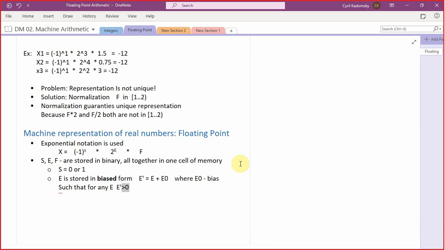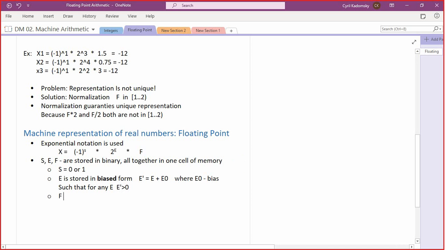So we are not going to need to store negative numbers in the exponent, because we add a bias to them which makes them all positive. We will have a look at how it works, of course, but first let's finish this and talk about the fraction.